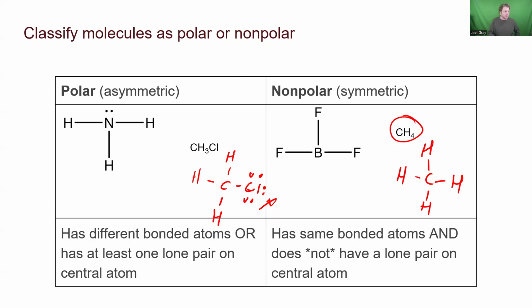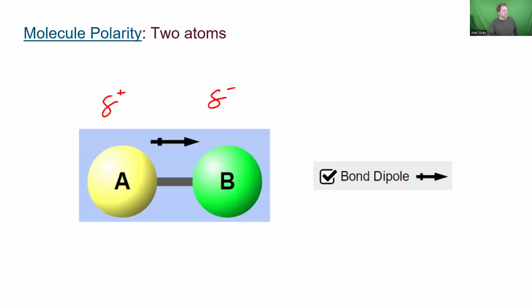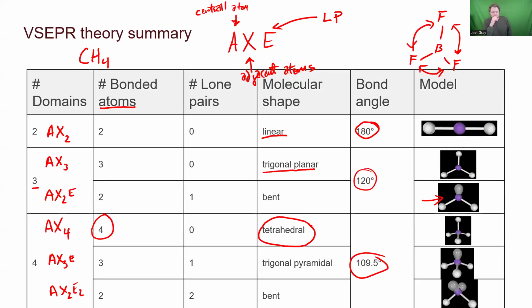What we're doing is answering the question, what's the geometry of any of these compounds? What's the geometry of this right here? What's the geometry of this right here? What's the geometry of BF3? Okay, let's go back a couple of slides and look at this. BF3.